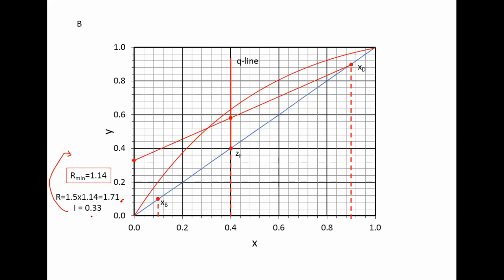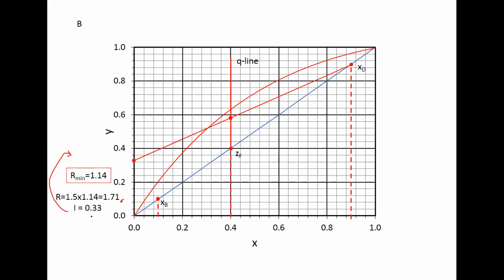No? Then let's continue. After getting the enriching operating line, then what do you need to know? How many stages? Yeah, how many stages? Then what should you do to know how many stages there are?